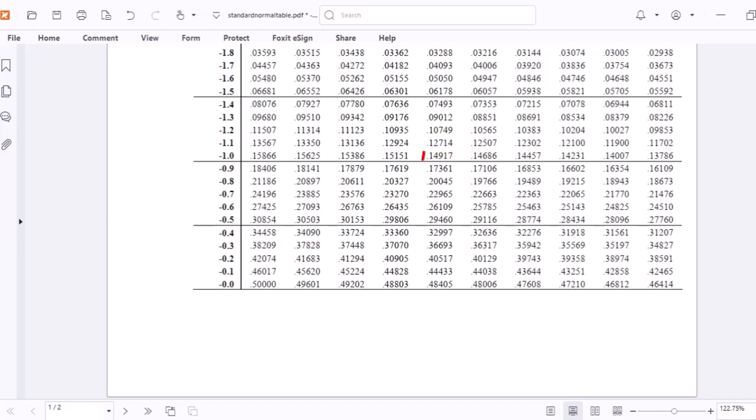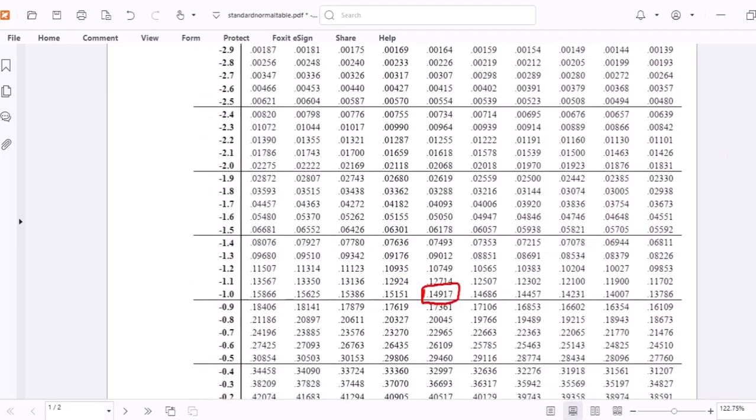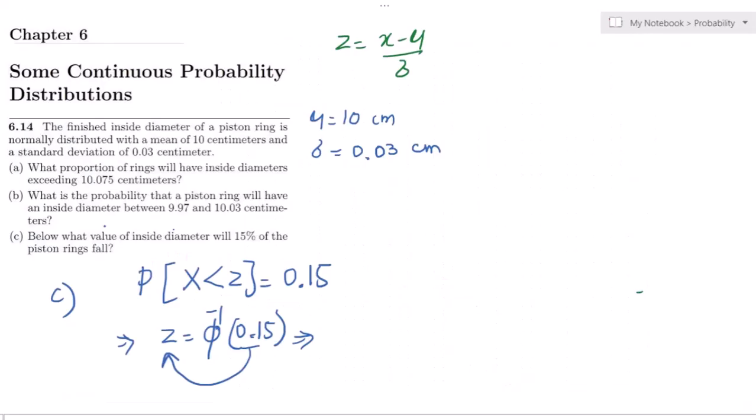Around 0.15, it is minus 1.04, because this is minus 1.0 and this is in the fourth column. So the value of z is minus 1.04.